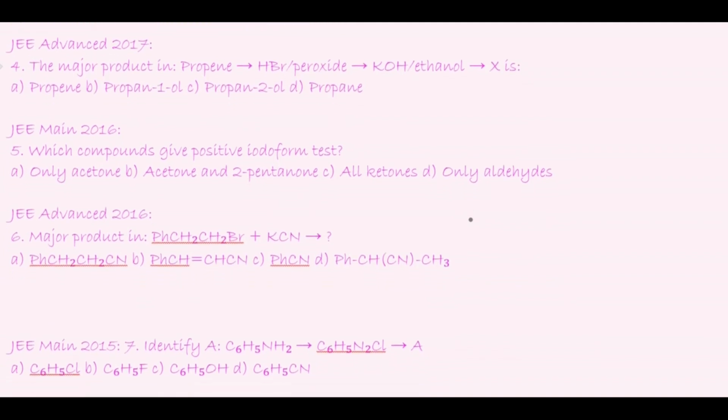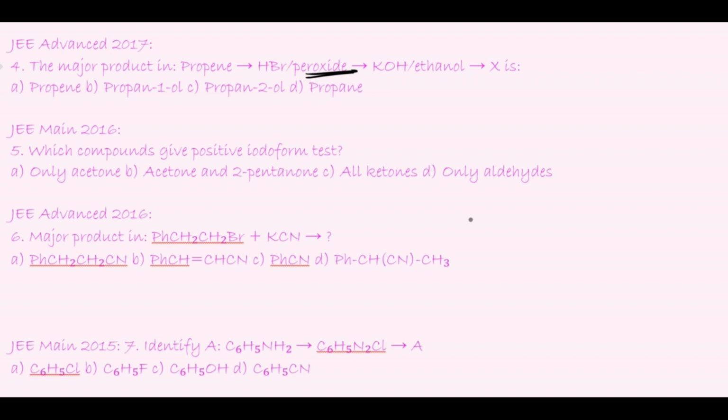Then the major product: propene gives HBr with peroxide, and then KOH ethanol gives X. So what would be the major product formed in this reaction? Propene, and peroxide is present over there. Please note it down, students: peroxide, in the presence of HBr only, forms the anti-Markovnikov product.